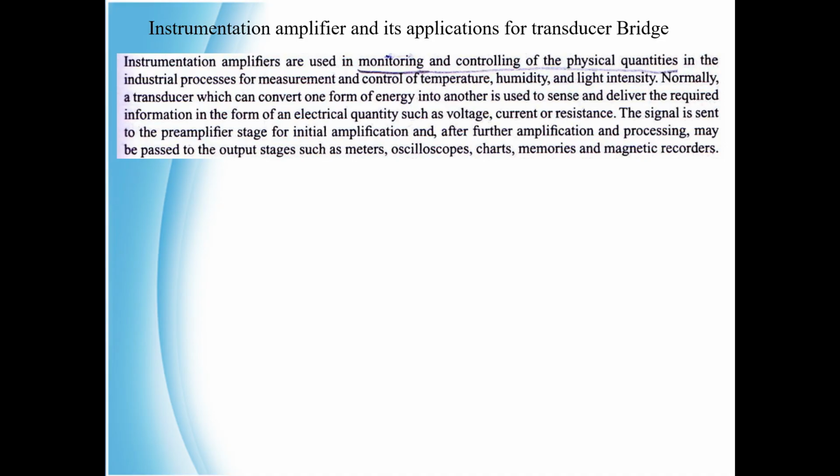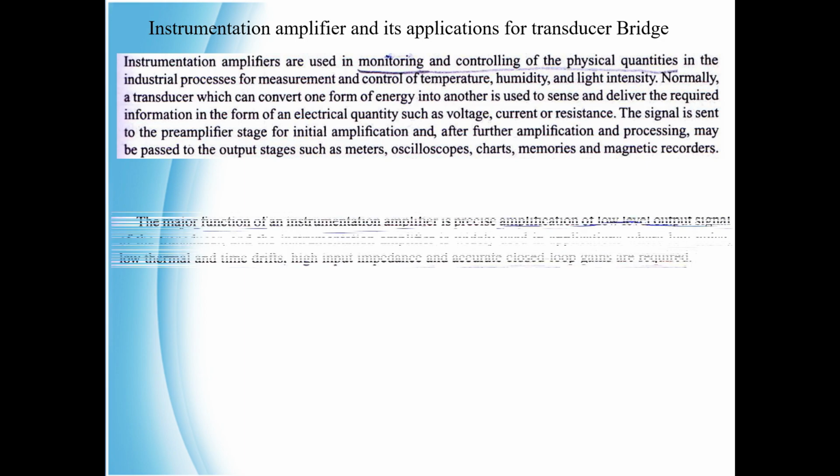This signal is sent to the pre-amplifier stage for initial amplification, and after further amplification and processing may be passed to the output stages such as meters, oscilloscopes, charts, memories and magnetic recorders.